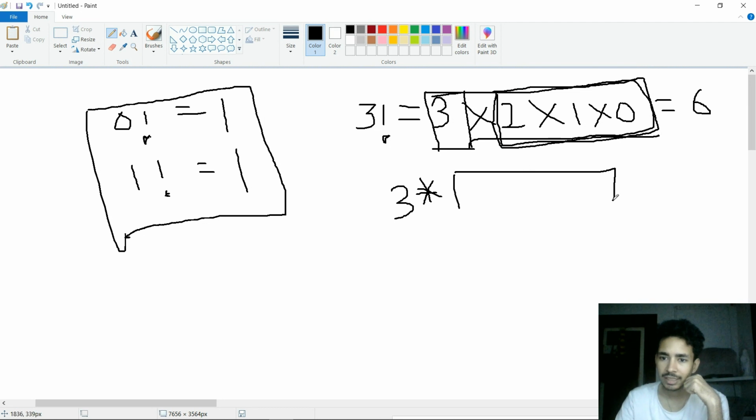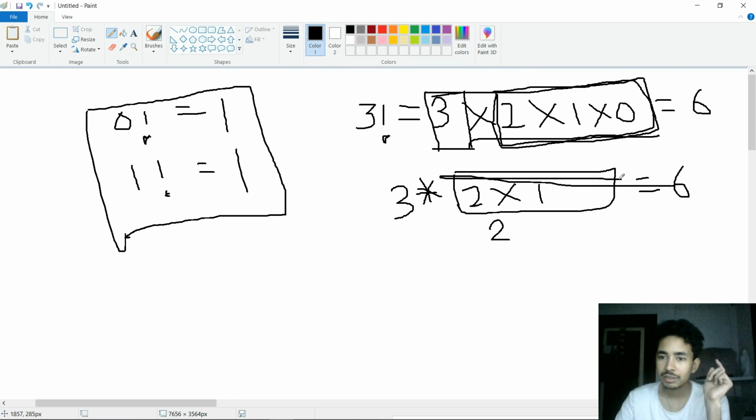You can also write it here, though it's not mandatory to write it, it's just for explanation. So just listen carefully to what I am trying to explain. 2 into 1 is equal to 2, and then 3 multiplied by 2 is equal to 6. This is how we can solve the equation with the help of recursion.